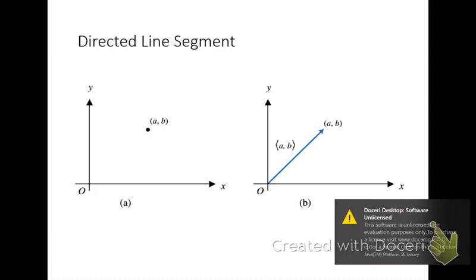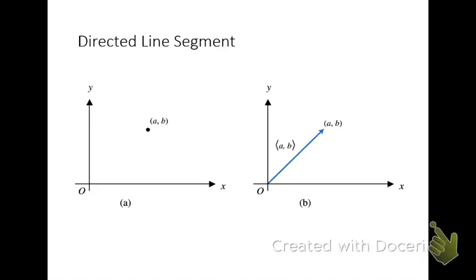Using directed line segments, the idea is that we start off with a point, and the way we get to the point is going to be our vector. While a point is notated with parentheses, a vector that leads to that point would be notated with angled brackets, and it goes from the origin all the way up to that original point that we had.